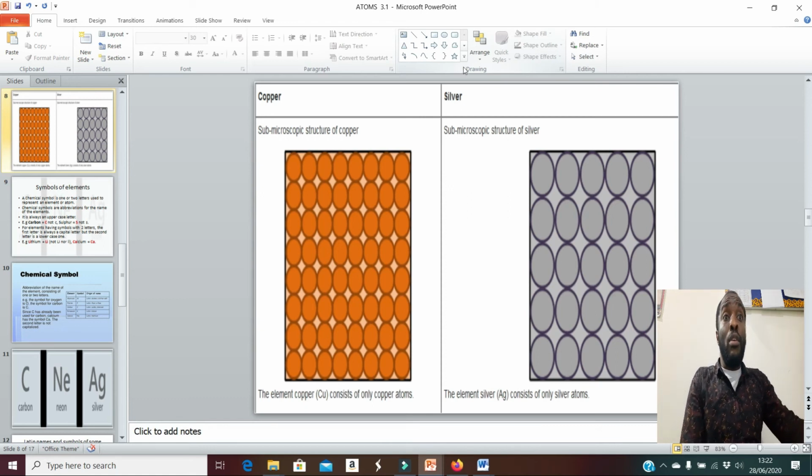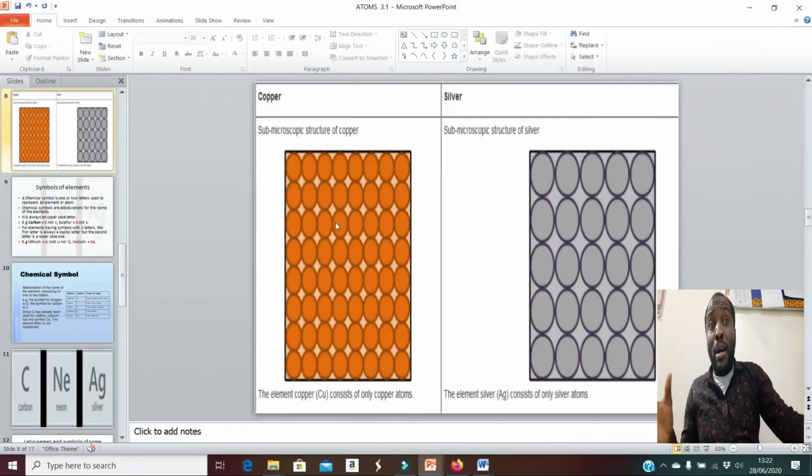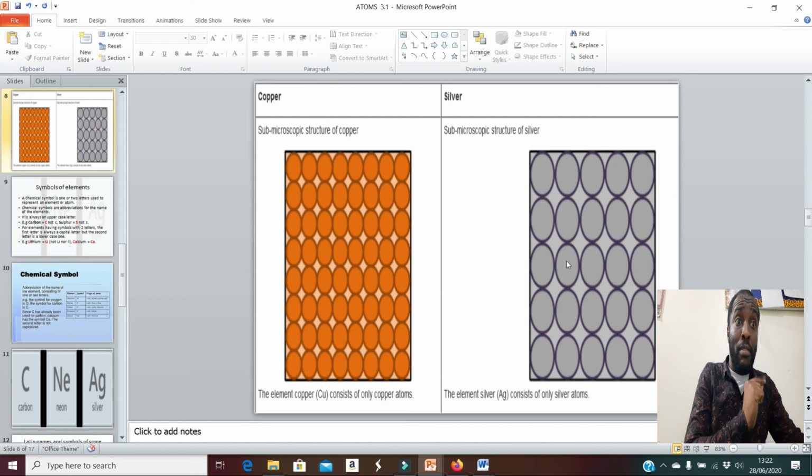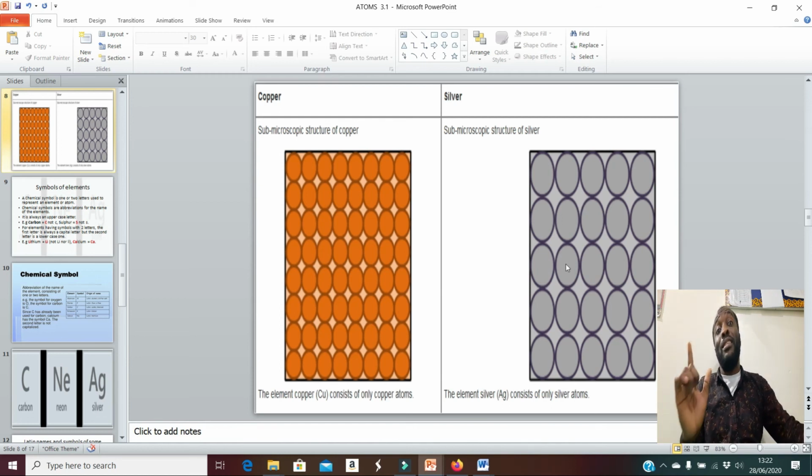The atoms of copper will also look alike with atoms of other copper elements, but they will differ from the atoms of silver. However, this postulate was discarded thanks to the existence of what? Isotopes.